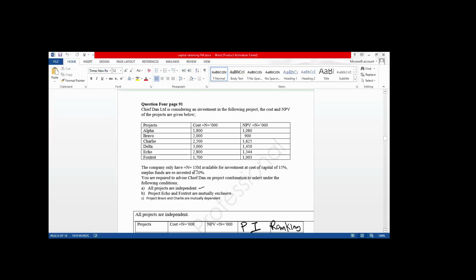Projects Bravo and Charlie are mutually dependent. What is the meaning of mutually dependent? It means the projects must be accepted simultaneously or rejected simultaneously.